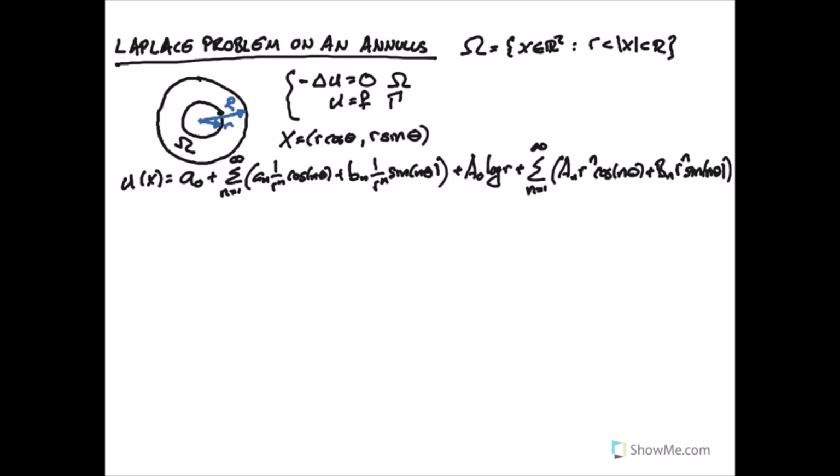So then we need to match these with the boundary conditions. So let's say we expand f. At lowercase r, f has a series expansion that's similar. f, of course, lives only on a boundary, so it has only theta dependence. We'll write it like this.